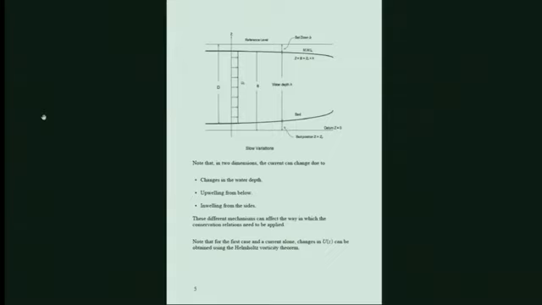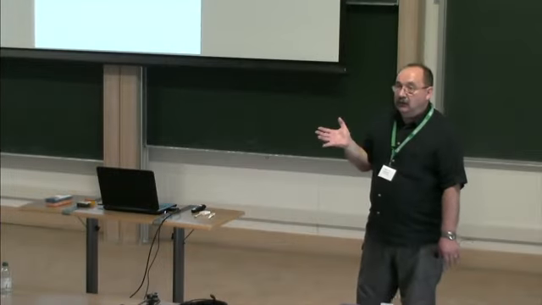And you actually need to have two reference levels. You need to have one at the bottom to show how the depth changes relative to that. And you need to have one at the surface to show you how the free surface changes relative to that.